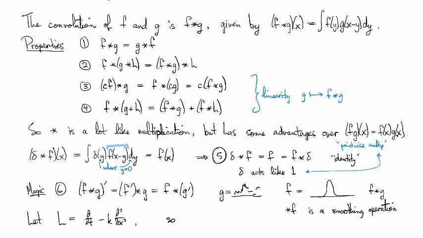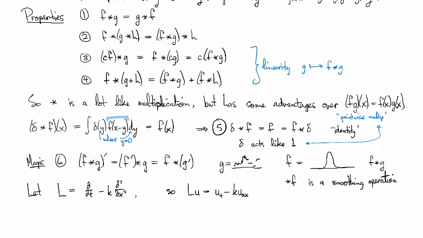So that if we apply L to u, we would end up with u sub t minus k u sub xx, the heat operator. Okay, so then L of a convolution is going to be, well, I can put L by linearity and the magic property together on either of the arguments that I want to.